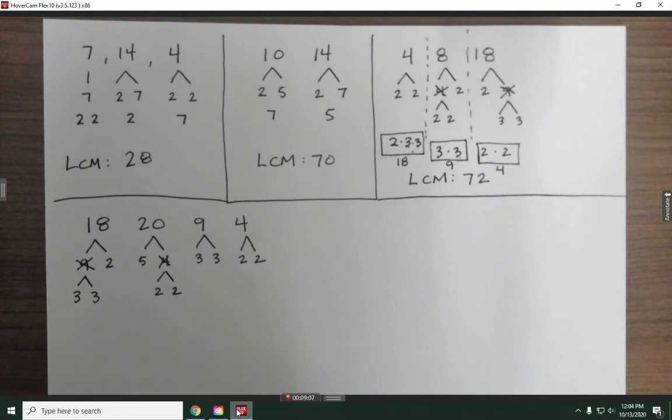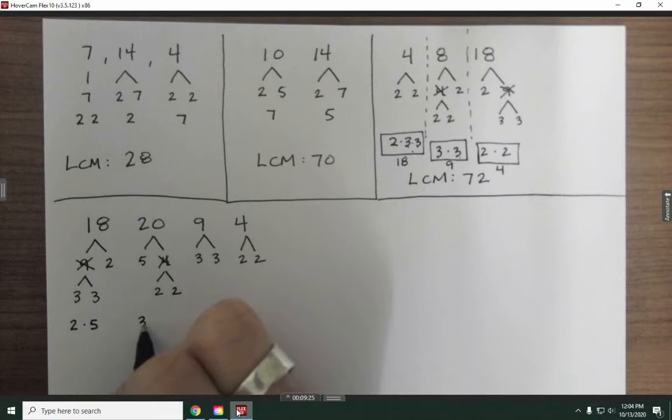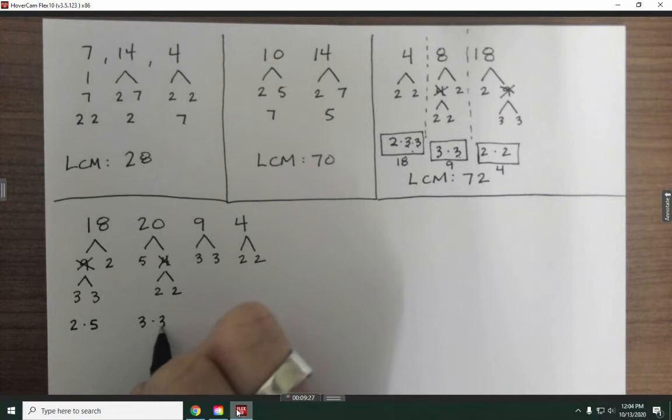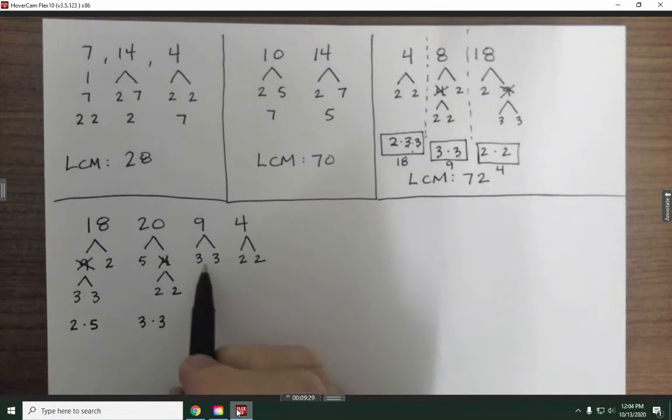Okay, so now we're giving them what they don't have, right? These are really different. They have a 2 in common, but this one needs an extra 2. It also needs the 5, right? This one needs the 3's. And this one has the 3's, but it needs the 2's and the 5's.